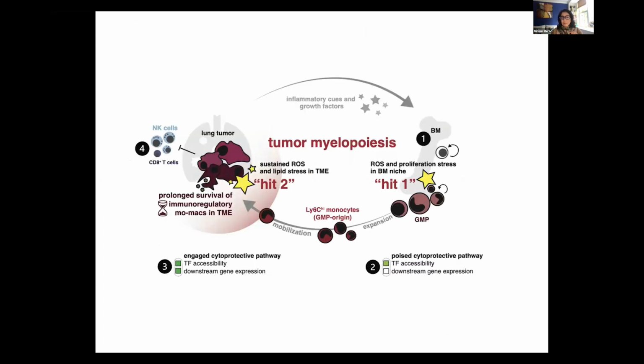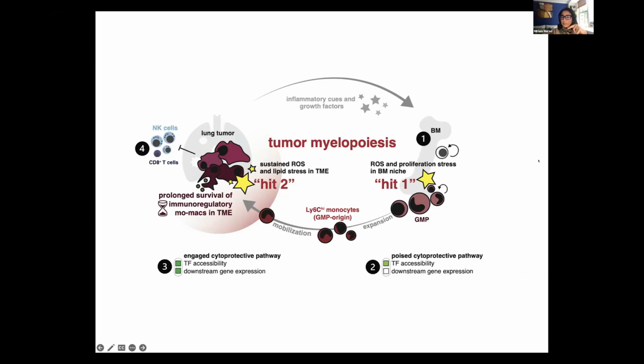So what we think is happening here, which is something I'm very excited about, is this two-hit hypothesis: these myeloid progenitors are already sensing systemic cues that are coming from the tumor, potentially this ROS, that are starting to shape myelopoiesis in a pathogenic manner.